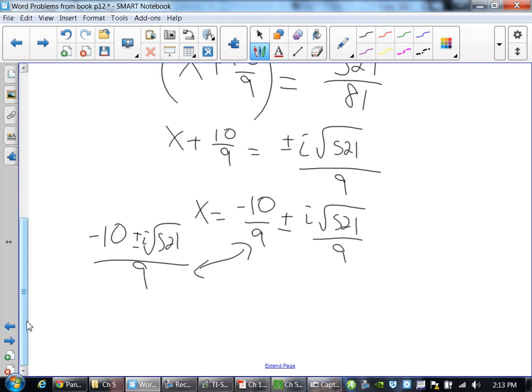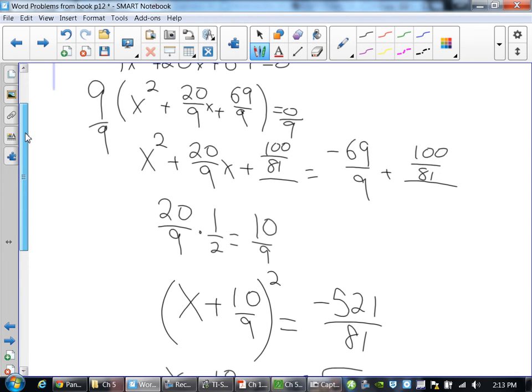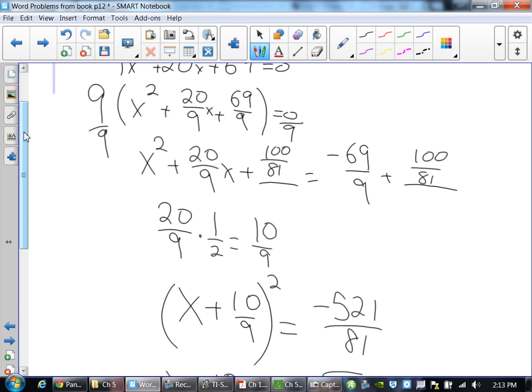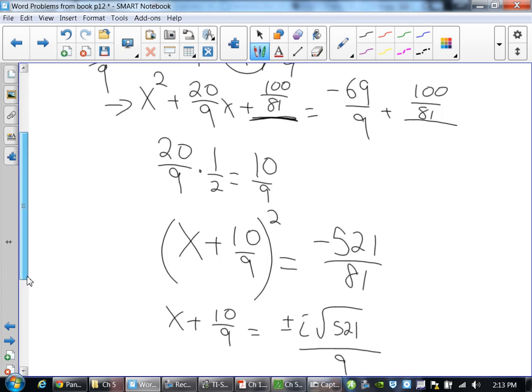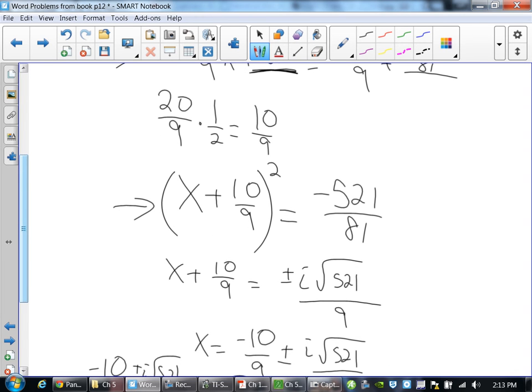Just to clarify, for completing the square, how do you get the plus blank again? When you are completing the square, you're moving the c value that you start with to the other side. You try to get something in here that will allow you to get a perfect square.